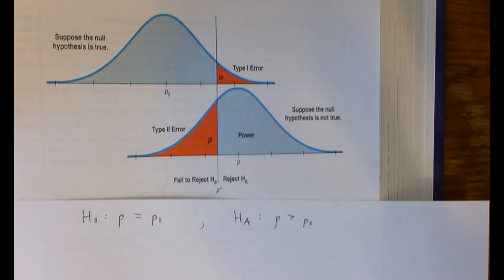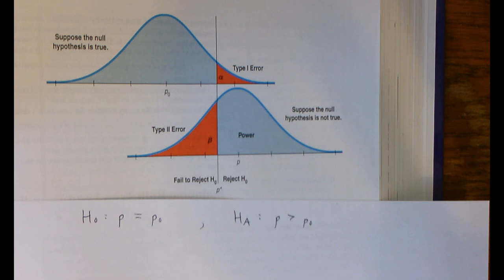We'd like to address the question, how often will a type 1 error occur? If you look at this diagram, it's for a hypothesis test for a proportion. We could also draw a diagram for a hypothesis test for a mean. The null hypothesis is that P is equal to P naught. The alternative hypothesis is that P is greater than P naught.